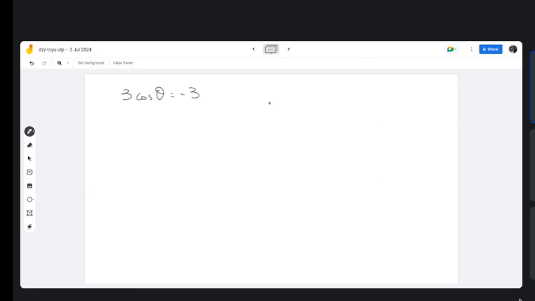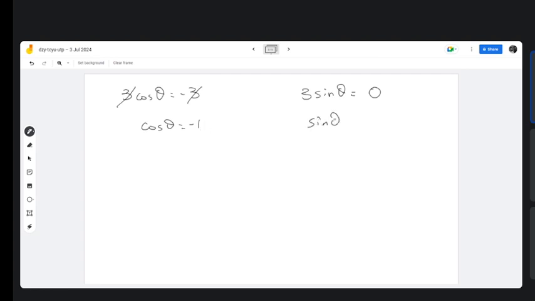What is sin 180? 0. What is matching? Is cos 0 equal to minus 1? No, then you should not take the answer as 0.